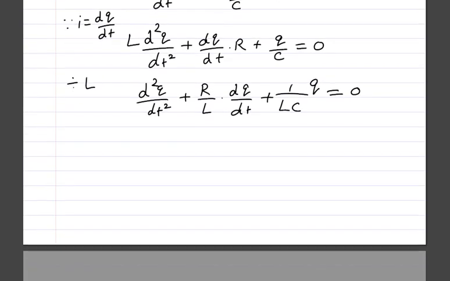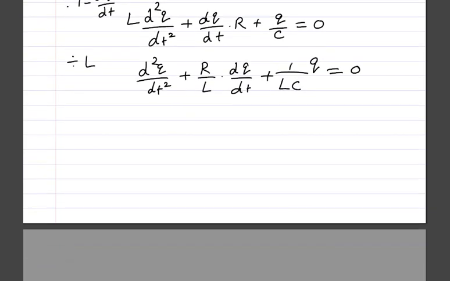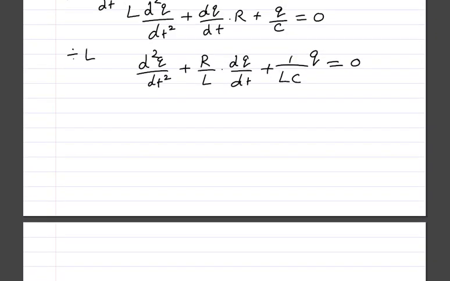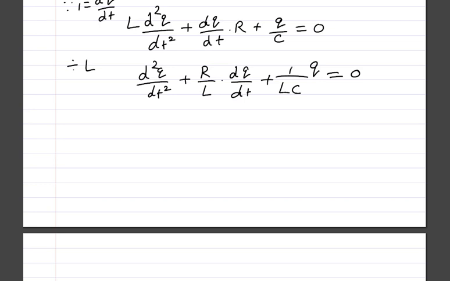So we have brought this into the standard form of the standard differential equation. We have to solve this now. It has got a standard solution. Before that, we have to do a couple of substitutions. First one, we call R/L as 2b, and 1/LC is equal to k squared.